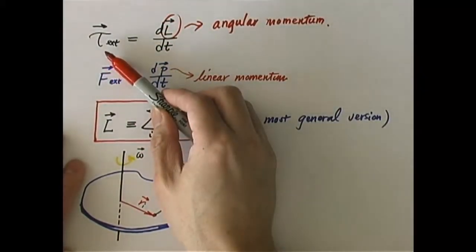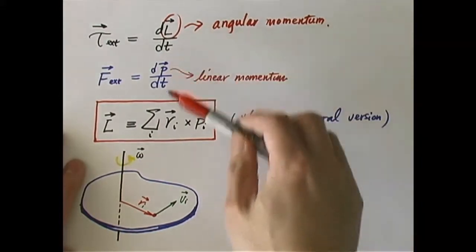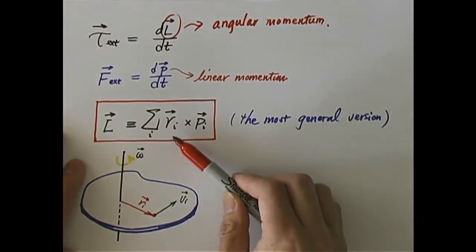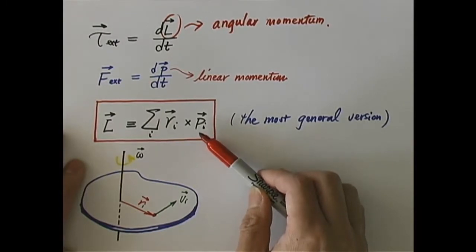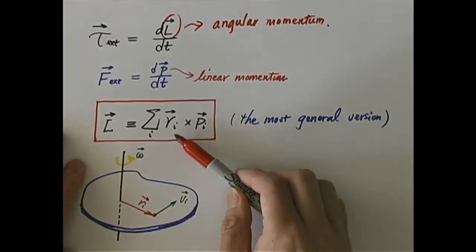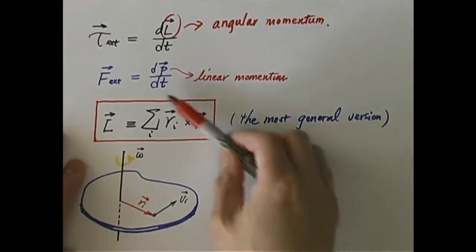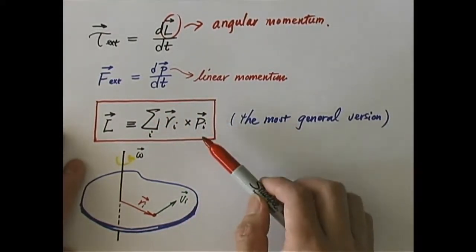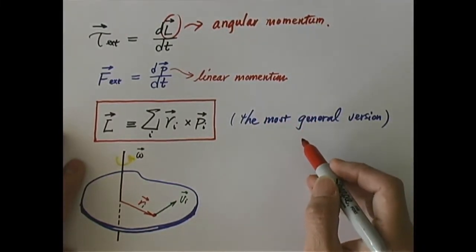And of course, on this side, I get a total net torque on the entire system made of all these particles. On that side, I just have to add all the contributions up, right? This r sub i cross p sub i is the angular momentum of the ith particle in your system, right? And if you have a whole bunch of particles, just add them all together. This is the most general version of the angular momentum of a collection of particles, be it a rigid body or not.